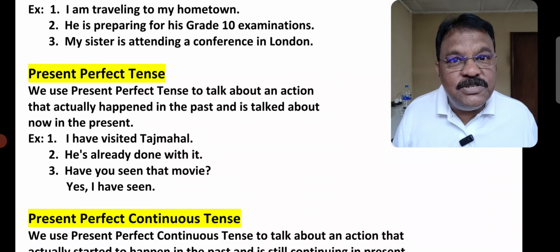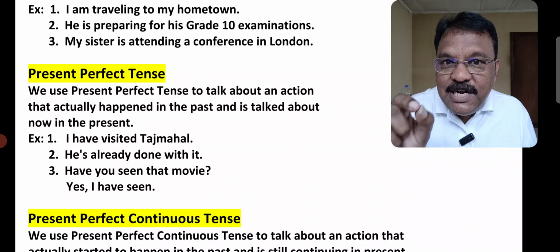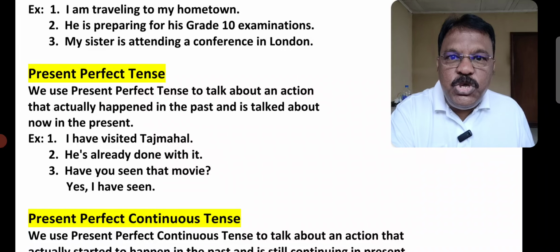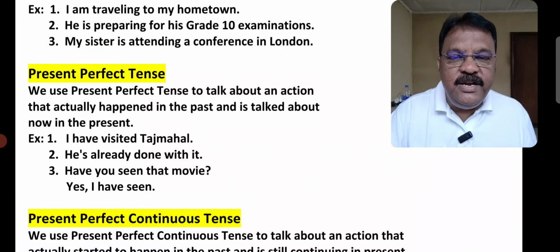Do you agree the action of seeing the movie happened already? Do you agree with this? If you agree, that means the action of the subject here was done in the past. But when are we talking about this action? Now. You are talking about the action now to your friend. But your friend had already completed that action of seeing the movie in the past.